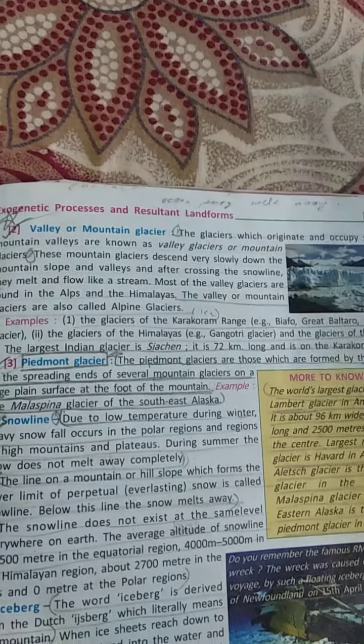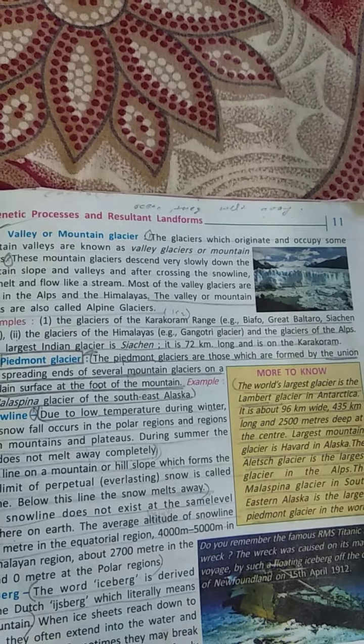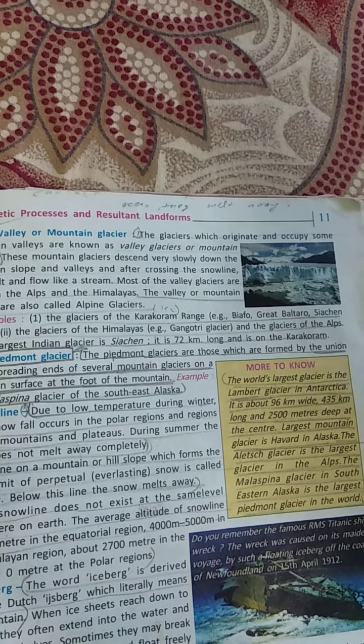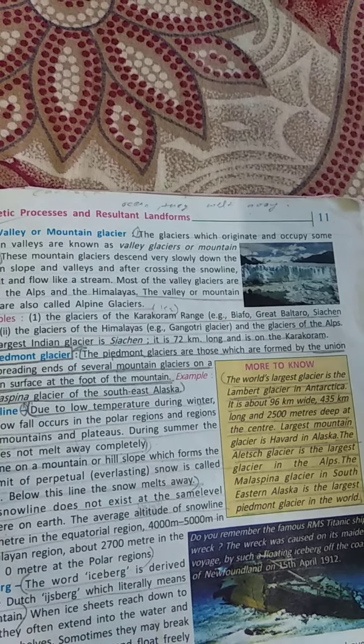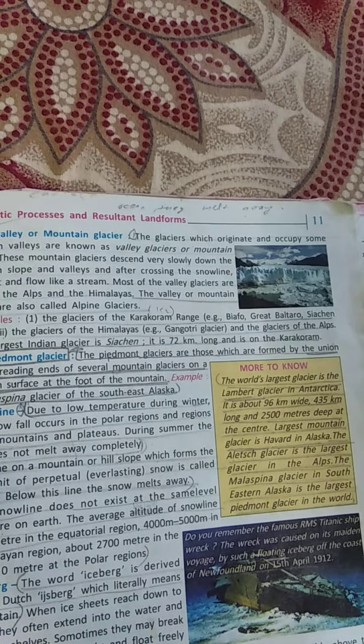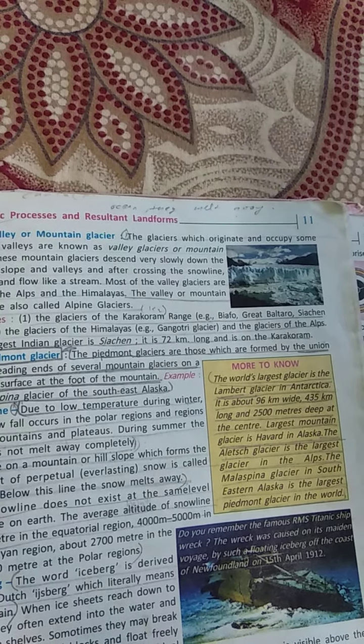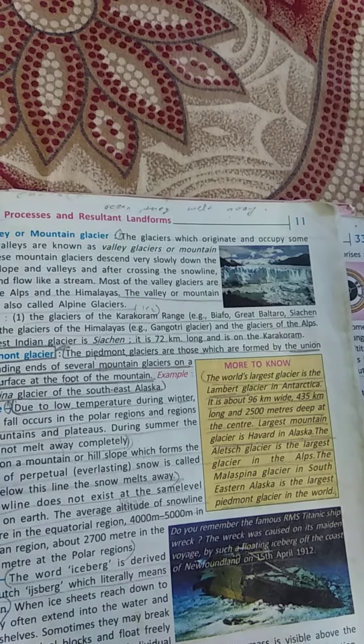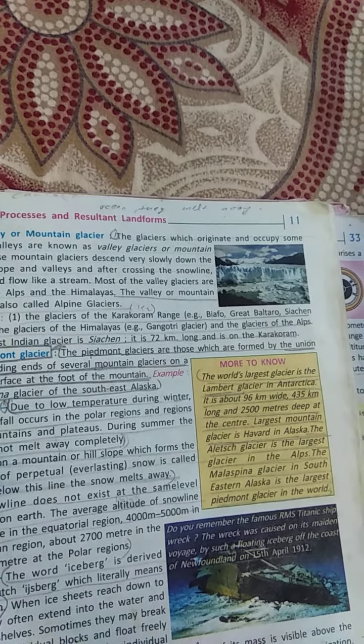Next is the valley or mountain glacier. The glacier that originates in or occupies the mountain valleys is known as a valley glacier or mountain glacier. This glacier moves very slowly down the mountain slopes and valleys.